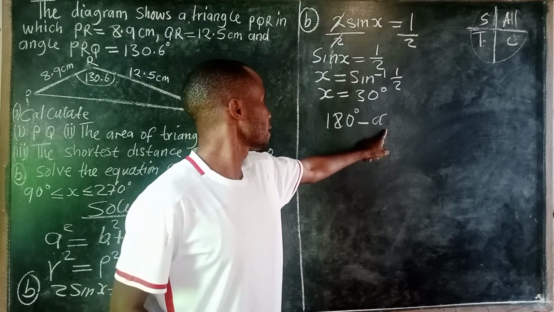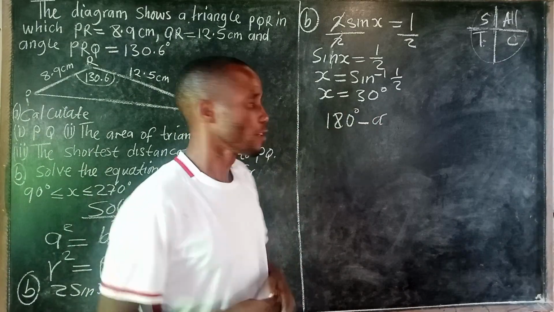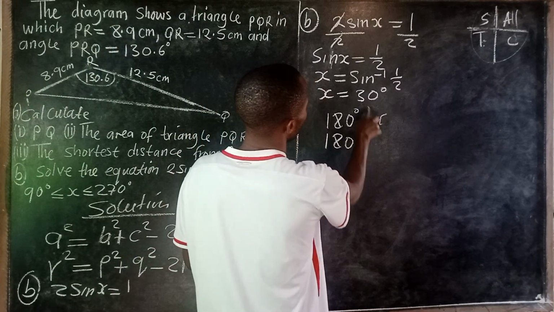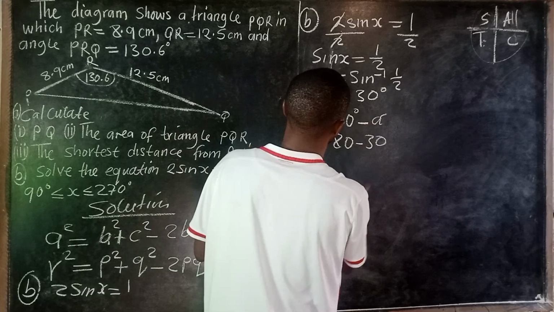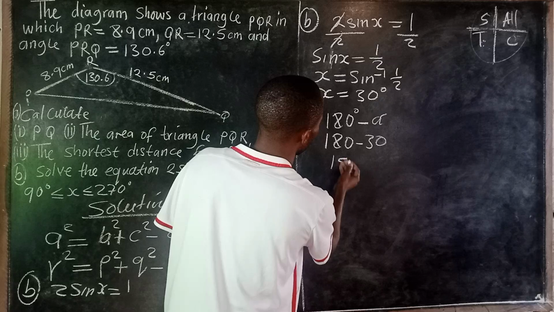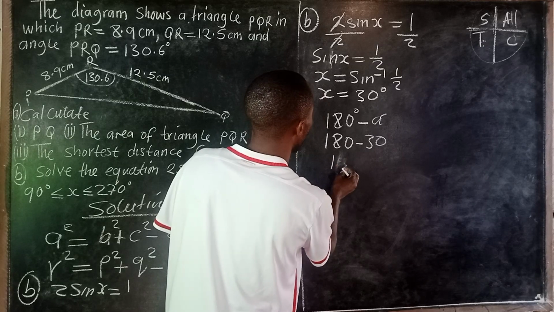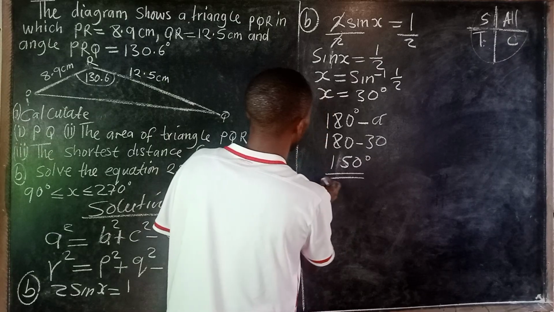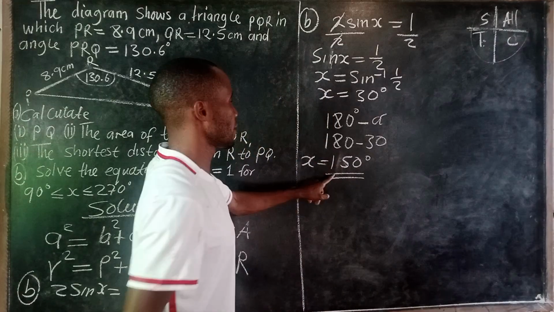So 180 minus 30 gives 150 degrees. So your answer is 150 degrees.